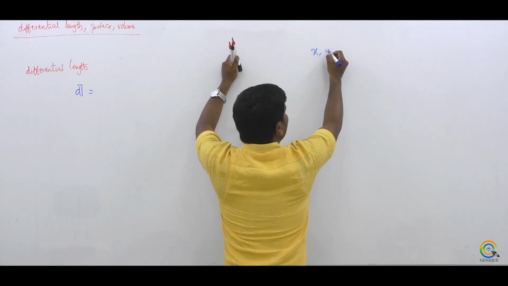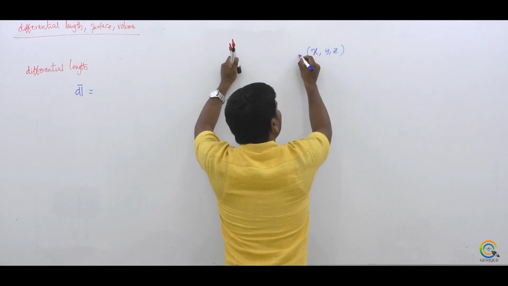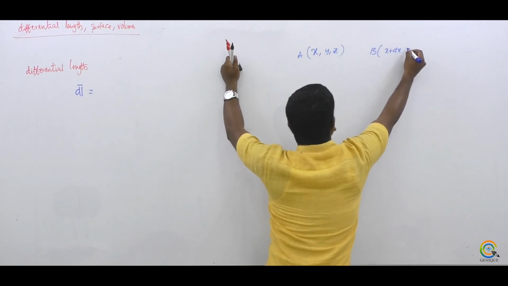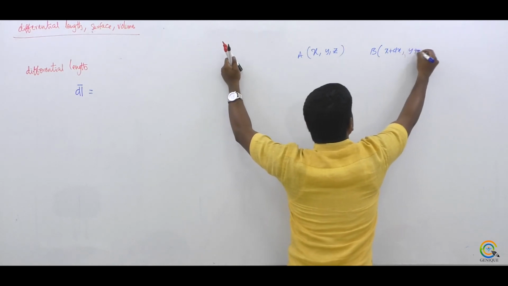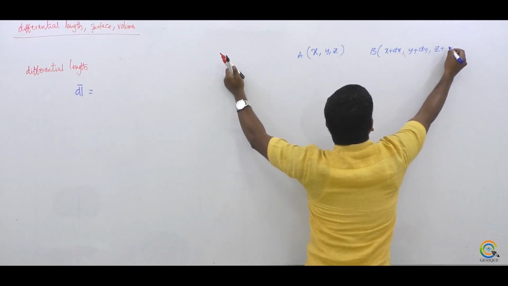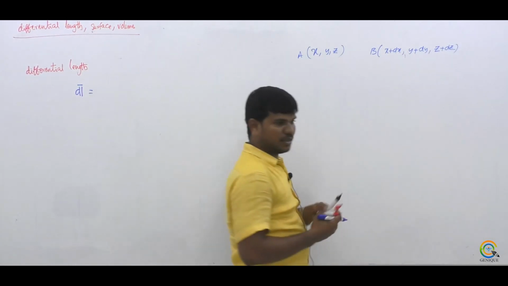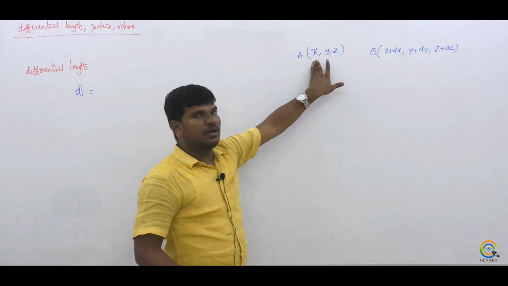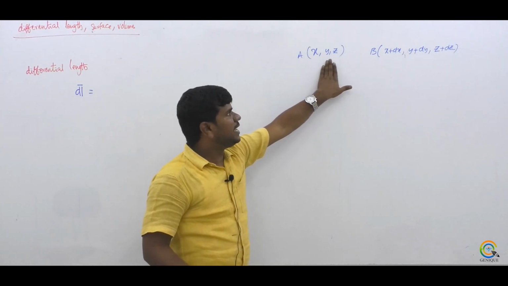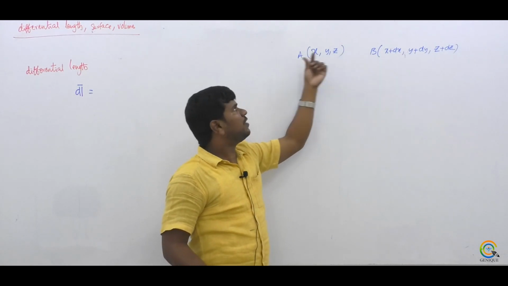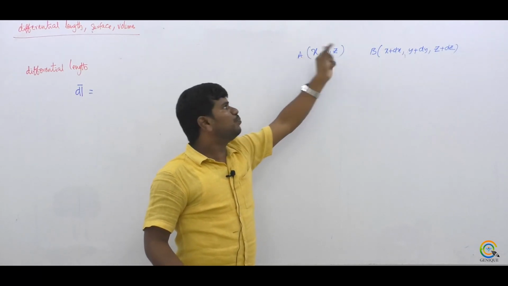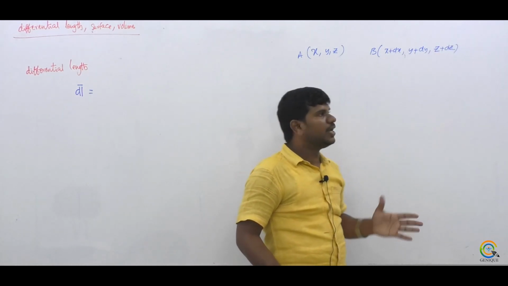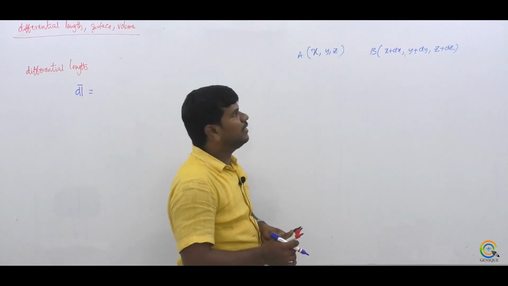Suppose any point A, represented by x, y, z, is transferred to B. Suppose I want to move from A to B, which has the coordinates x plus dx, y plus dy, z plus dz. Now, what is the differential length?